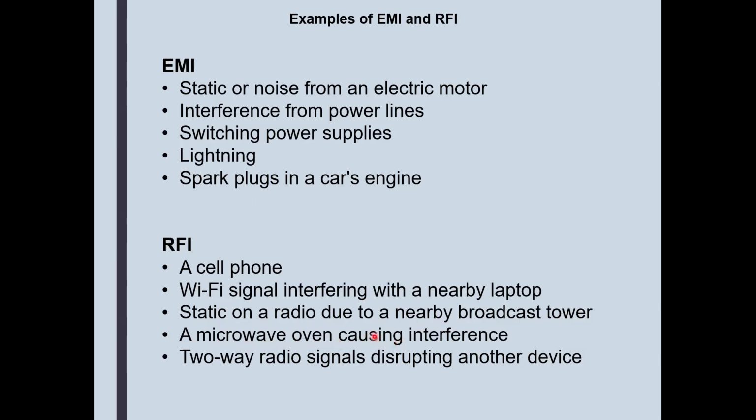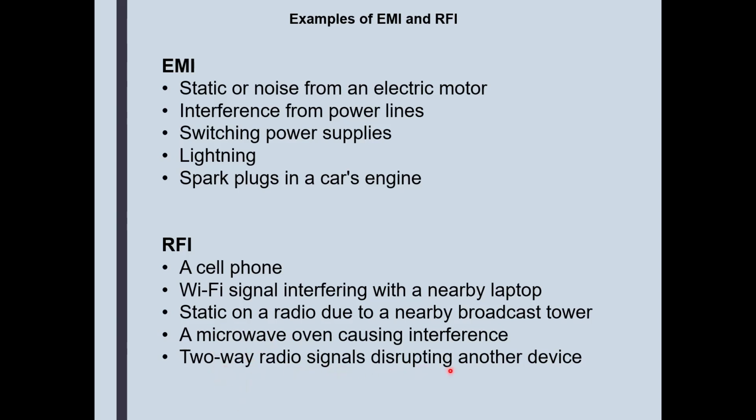That could be radio frequency interference, although a microwave oven could probably be included more in EMI rather than RFI. However, the food is being heated by microwaves. Although it's not like a radio wave, but it is a radio wave. Well, not a radio wave, it's a wave, all right? It's a microwave of a specific frequency.